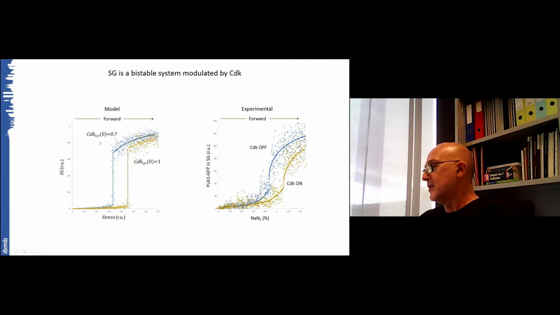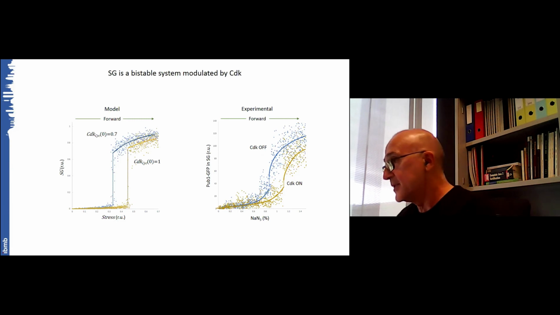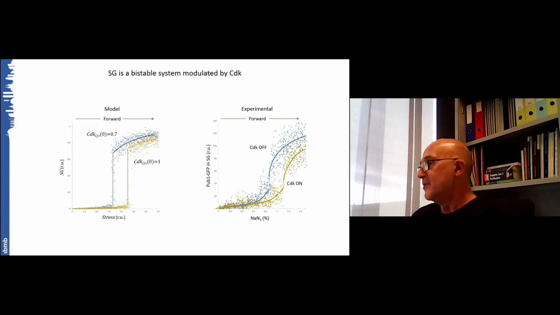That means there should be many other kinases or other factors helping the stress granule behave as a bistable system. So the CDK would not be the only one giving stress granules this property.